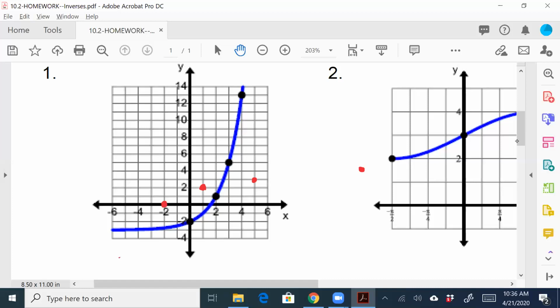And then I noticed that the blue line that's already graphed there goes down and seems to sort of hug negative 3.